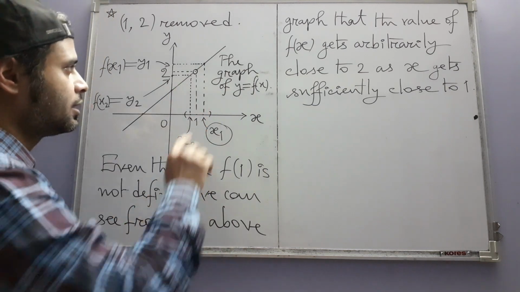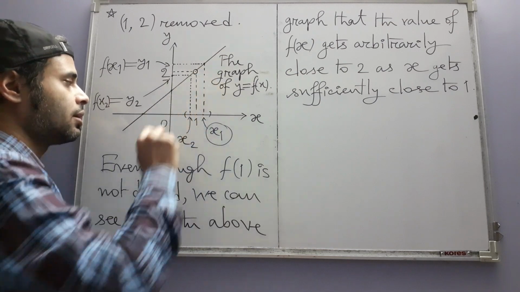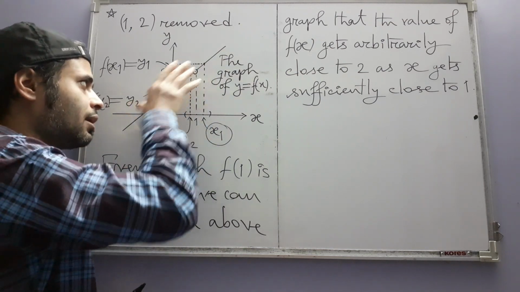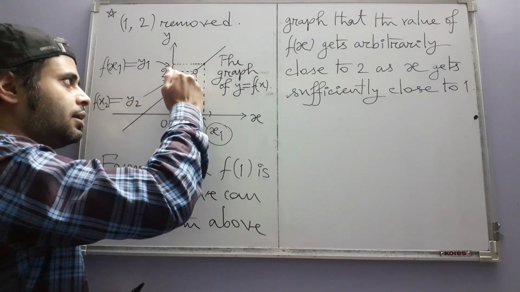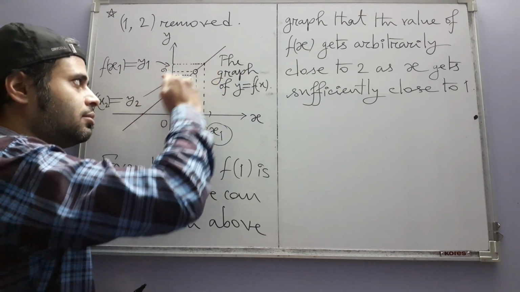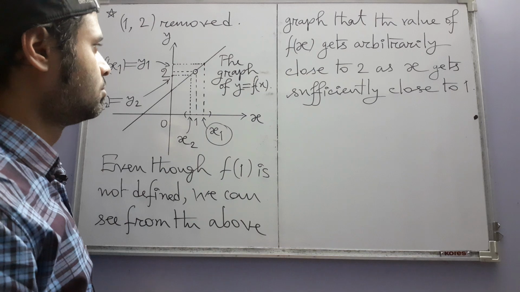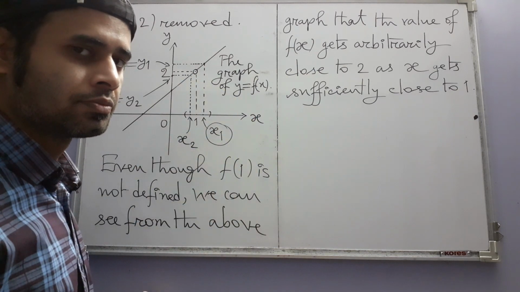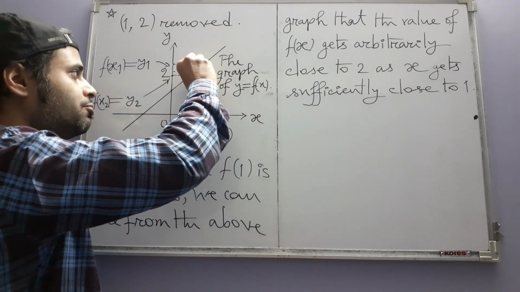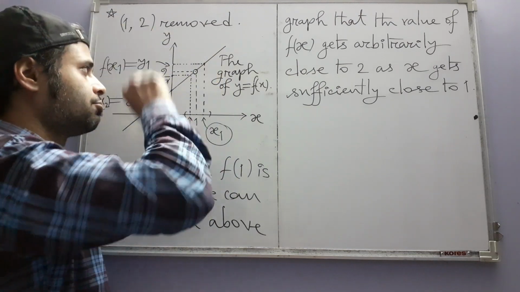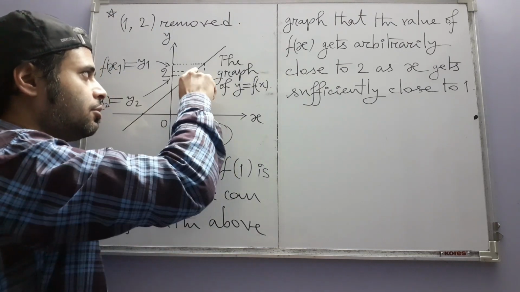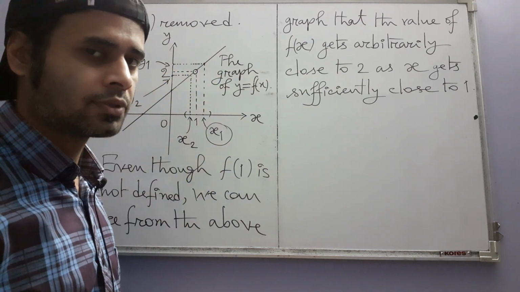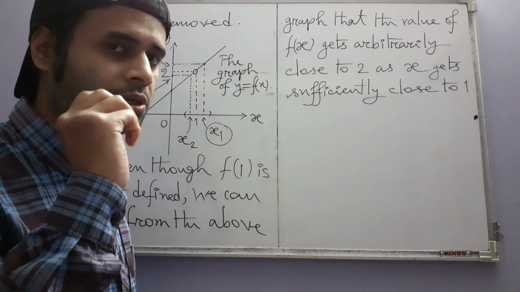This white circle indicates that this broken line is actually getting close to 2, as close as it wants. We have just removed one point from the entire line, not this circle from the entire line. Just one point has been removed.